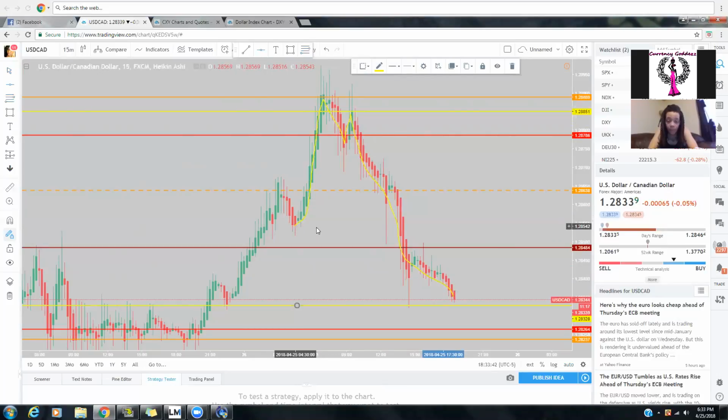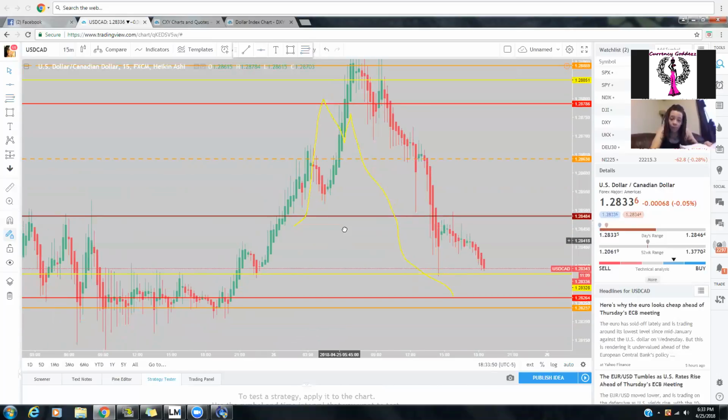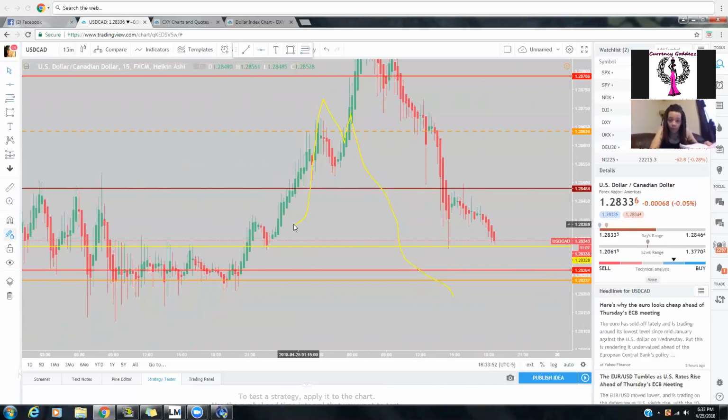I didn't use this one because it's already broke it. I didn't use this one because it's already right there. So the next best option on this particular pair is going to be this one here.